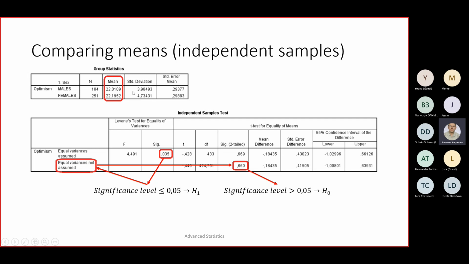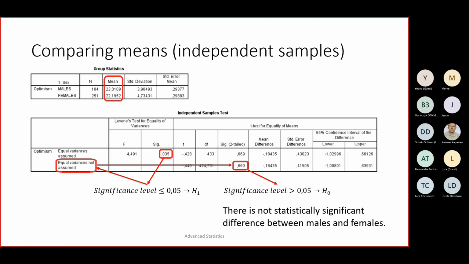That means that the difference between males and females is not statistically significant. That means that this difference, 0.2, is smaller than sampling error. So this was the first hypothesis.